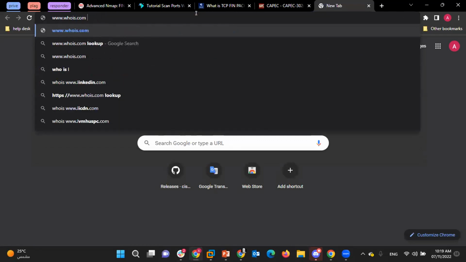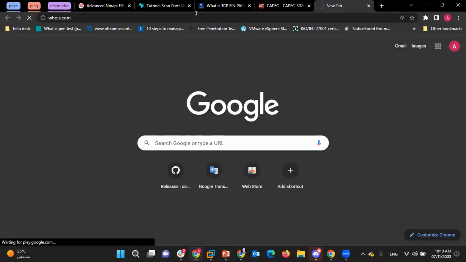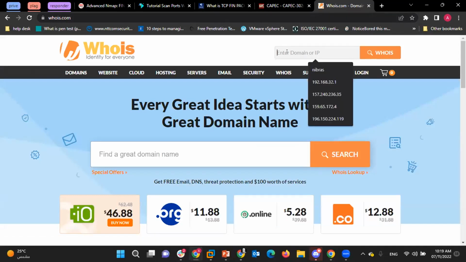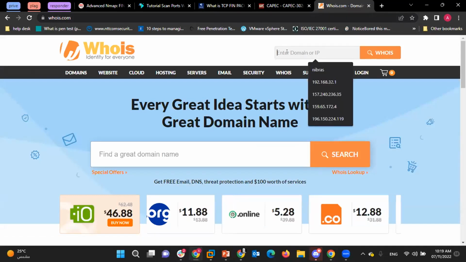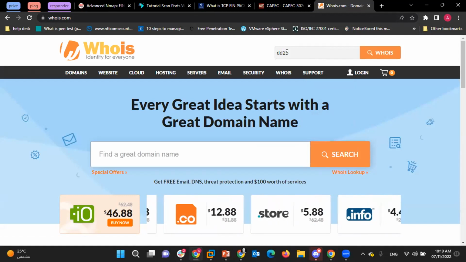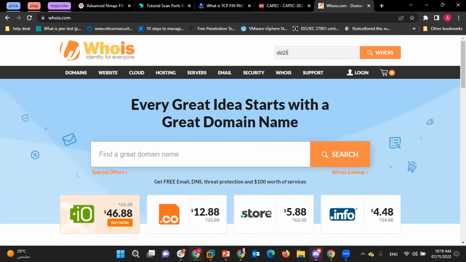For now, I will scan my friend's site to be on the safe side, because all of these scans can be registered in the organization's log if they have a security logging configuration.